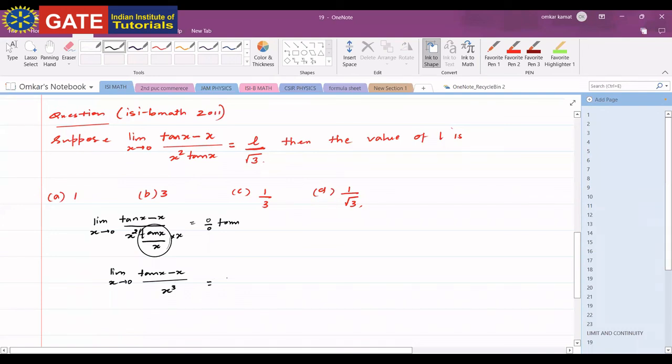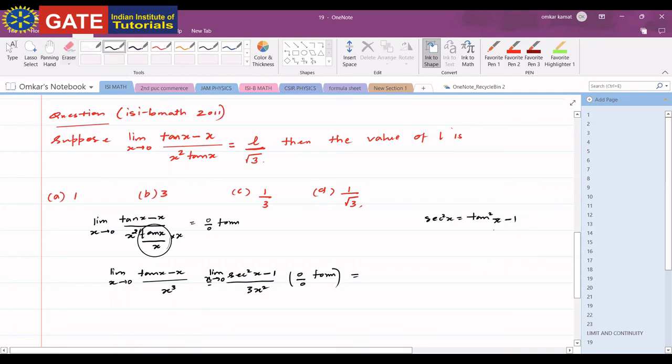How we will do it? Differentiation of tan x is sec square x minus 1, divided by 3x square, limit as x tends to 0. Now, sir, now it is easy, because you can write tan square x and 0 by 0 form. Correct? Now sec square x is nothing but tan square x plus 1.